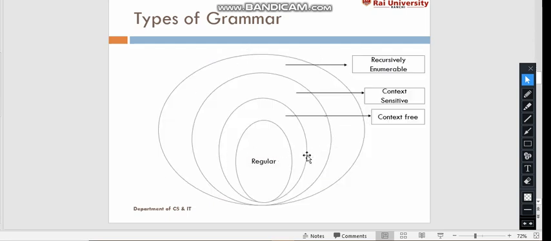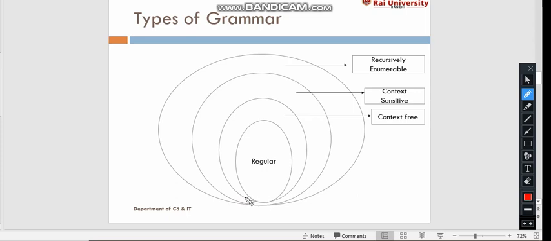Now, this is the graphical representation of the different types of grammar. This represents the regular grammar. The regular grammar is a very restricted grammar. It has its own way of representation, and the regular grammar produces a regular language.